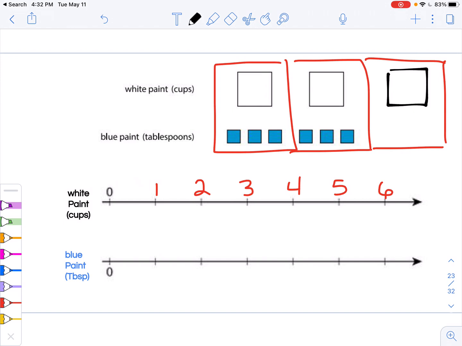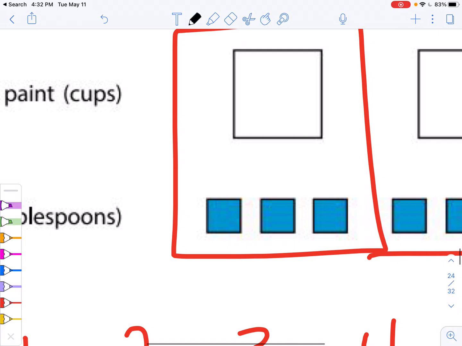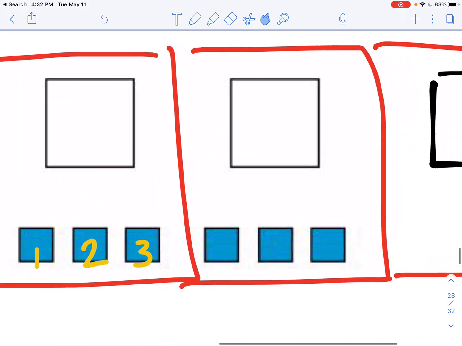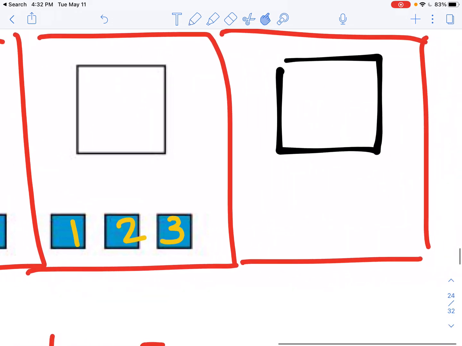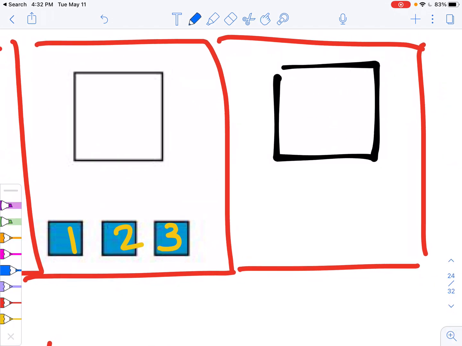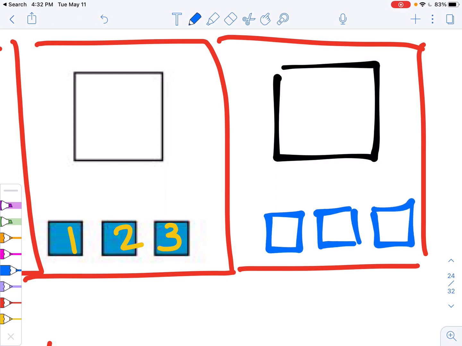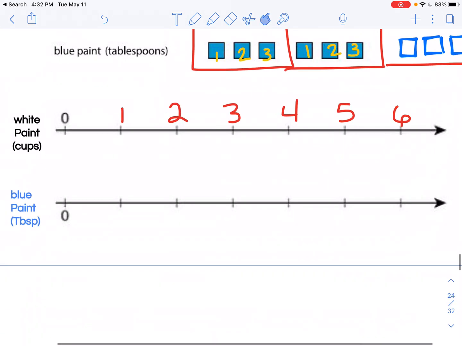I need to look in just this one box and say, how many blue are there? There's 1, 2, 3. In the next box, there's 3 more. 1, 2, 3. If I'm going to add the blue for the last box, I need to add 1, 2, 3. So this is a +3 pattern on the bottom.